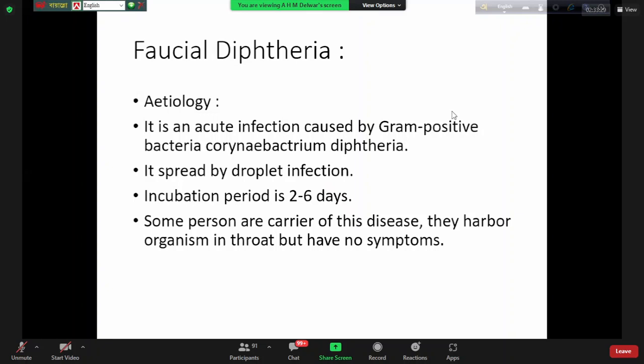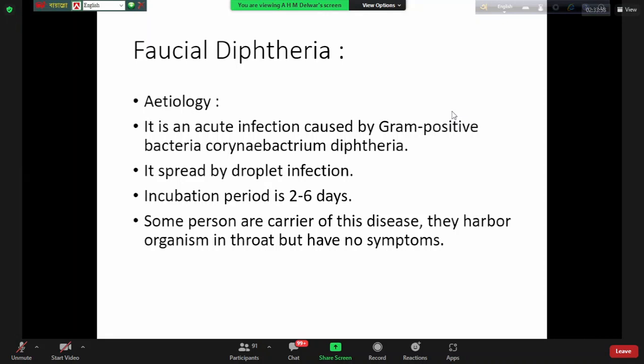Faucial diphtheria. What is important? Its etiology. You know about diphtheria in infants. When children are born, there is an immunization schedule in Bangladesh and everywhere.